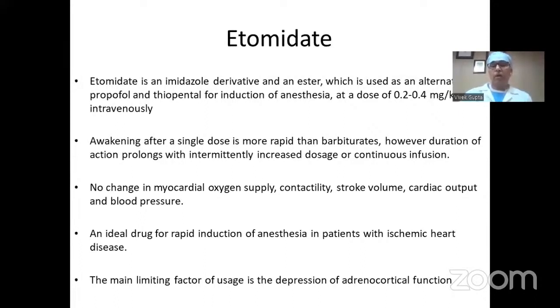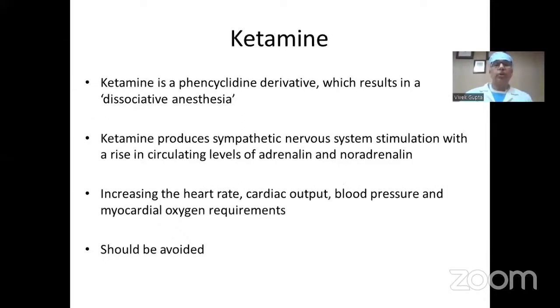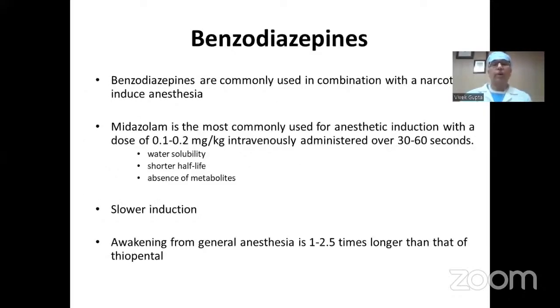But the limiting factor is depression of adrenocortical function if the drug is given in repeated doses. Ketamine is not a good choice for induction of anesthesia in patients with coronary artery disease, because it increases the heart rate, cardiac output and blood pressure, so that it increases the myocardial oxygen requirement.